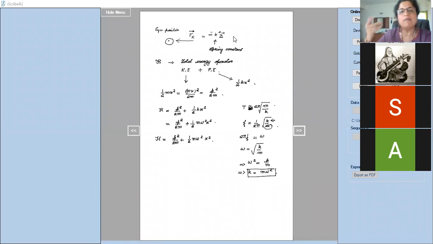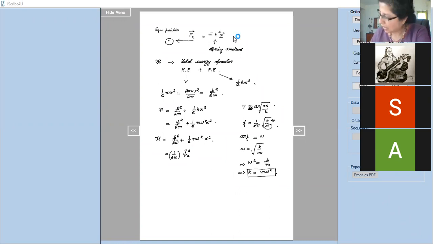Good. So now let's look at it a little carefully. What do we have? We have a 1 by 2m over here, which is like a constant, a number. Then we have an operator, p square, the momentum operator, in the x direction only, because we are talking about the linear harmonic oscillator and are only worried about one dimension.